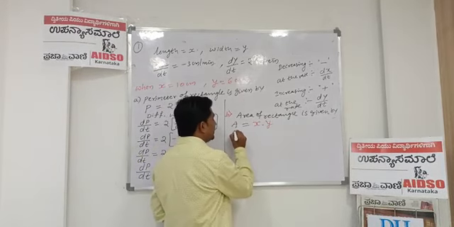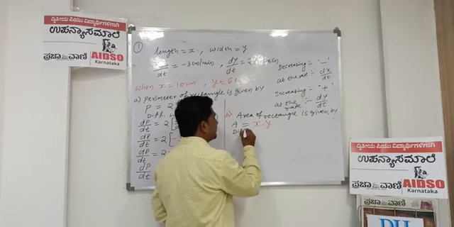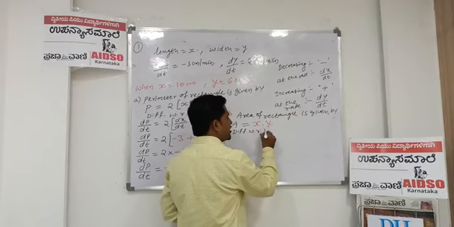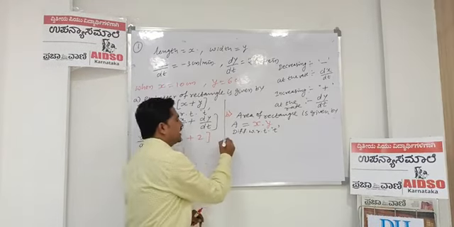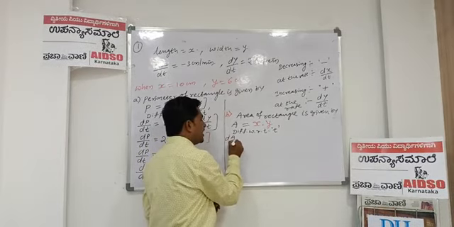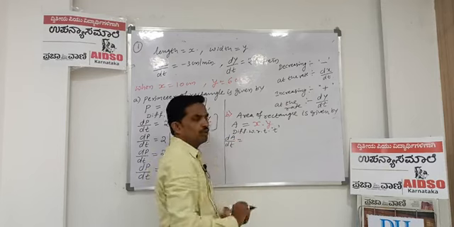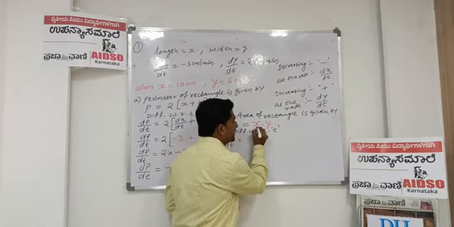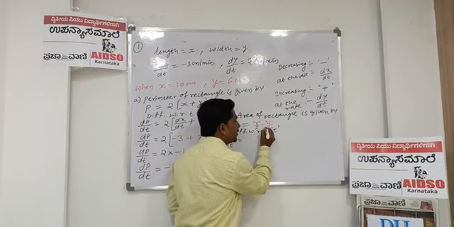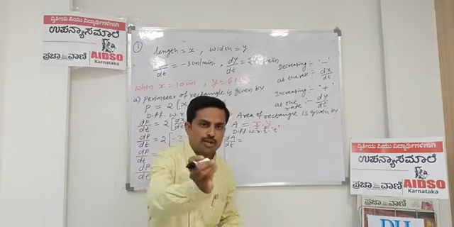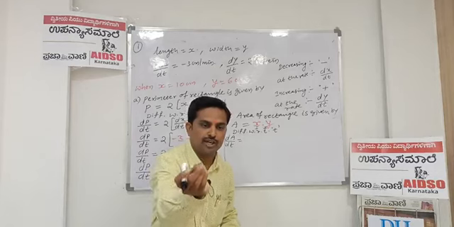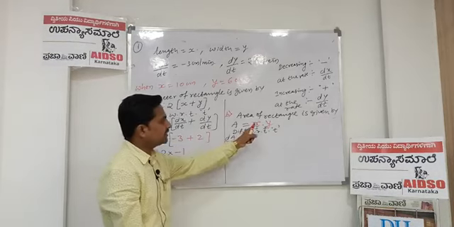Now, next, the rate needs to be found, so we differentiate with respect to t. Then dA by dt is equal to, now let me introduce, x and y are in multiplication, and whenever x and y are in multiplication we apply the product rule to find the derivative.